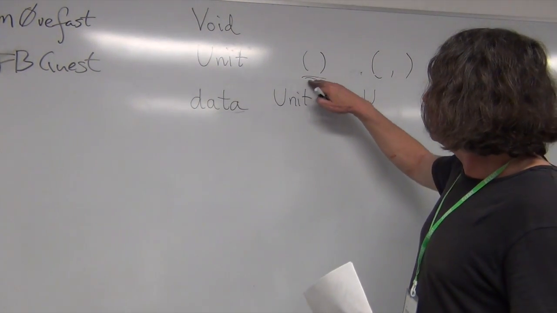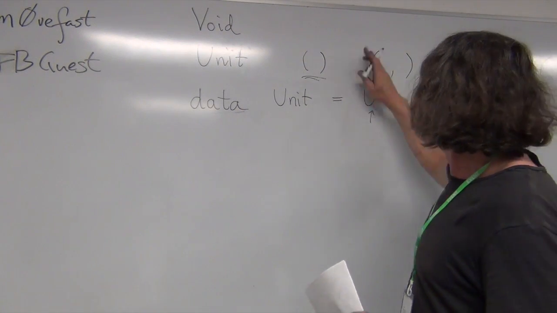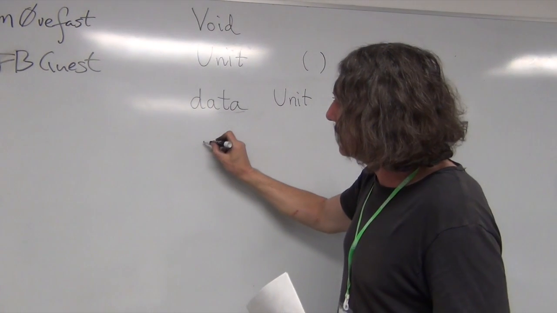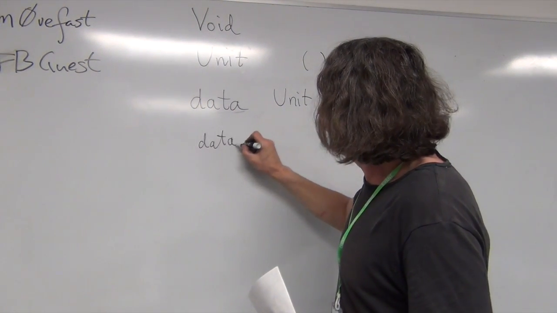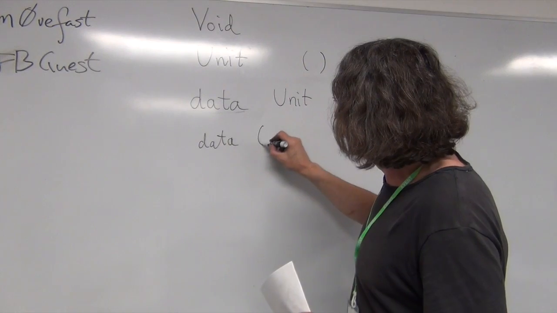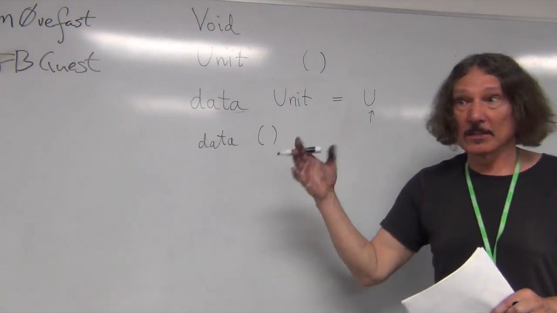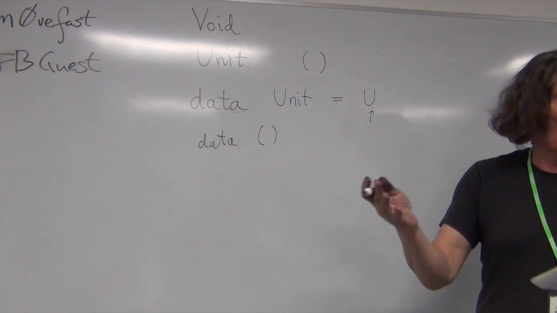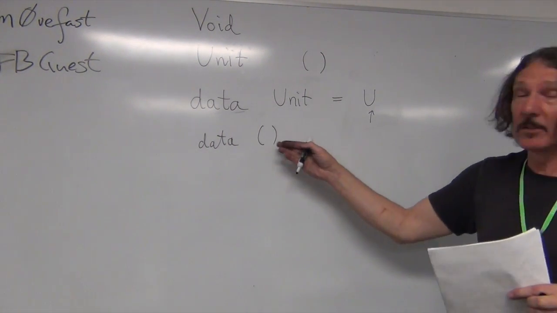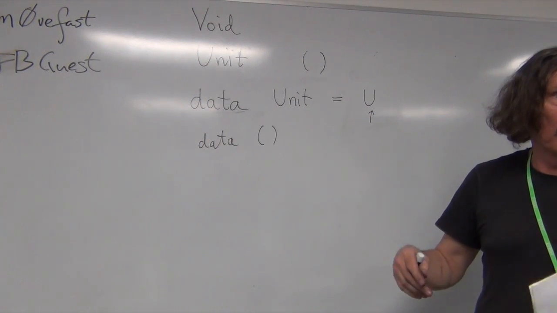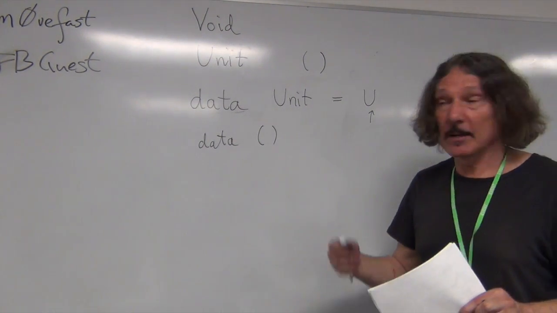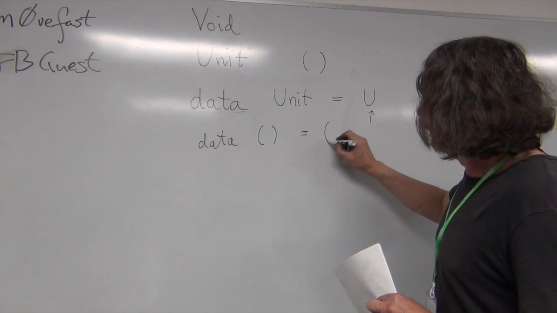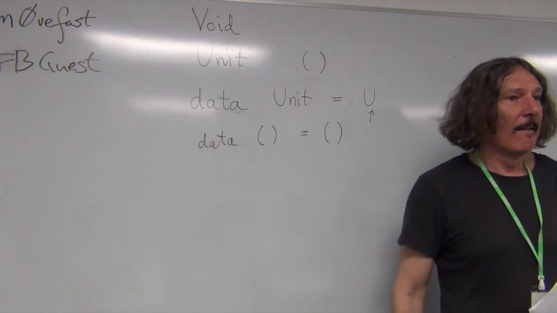And if you want to use operators instead, you would say data, and instead of unit, you write the parentheses, the operator that signifies the type. Just like you can use operators as functions, you can use operators for names of data types. And the constructor is called the same thing.